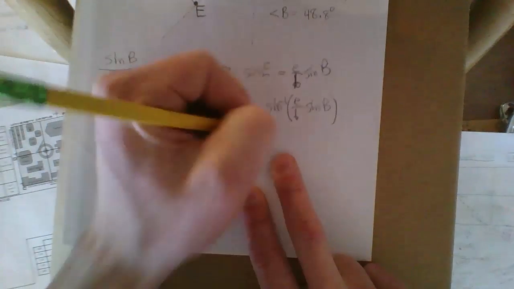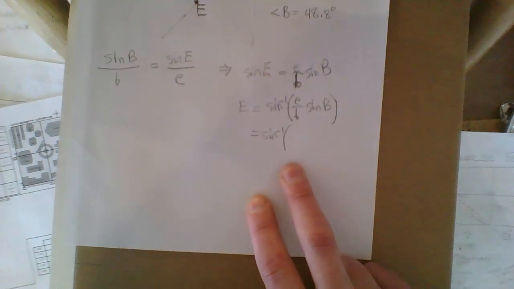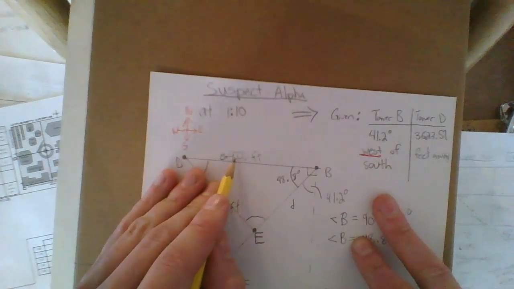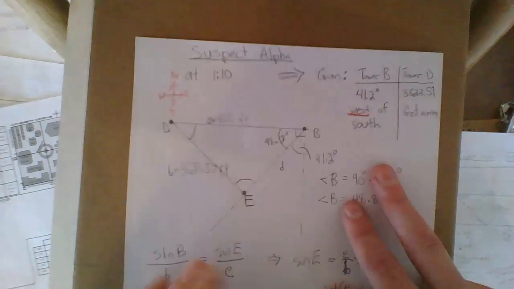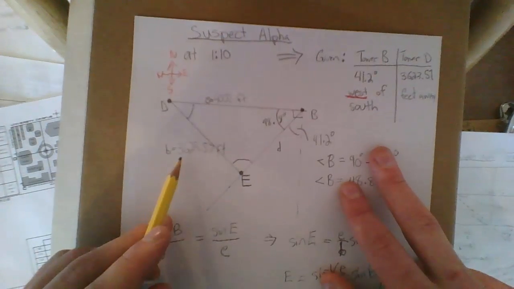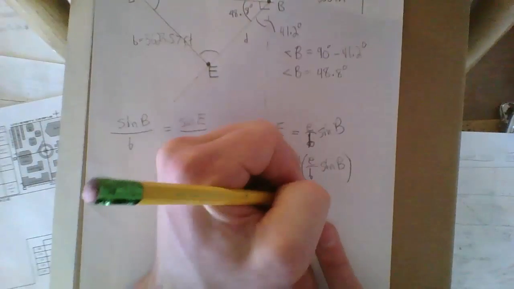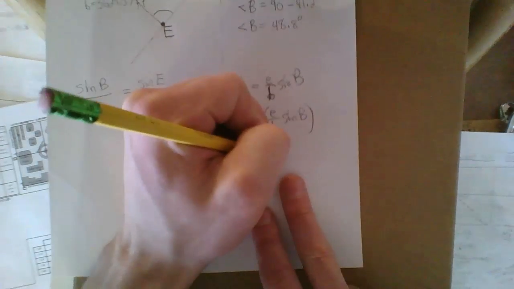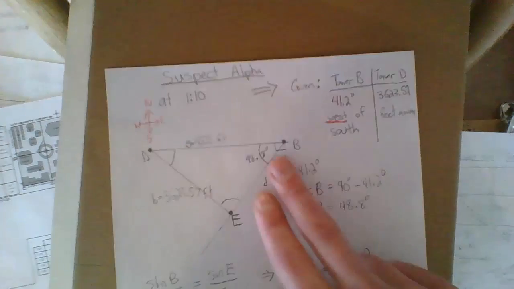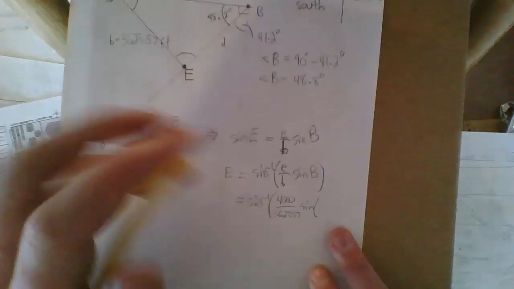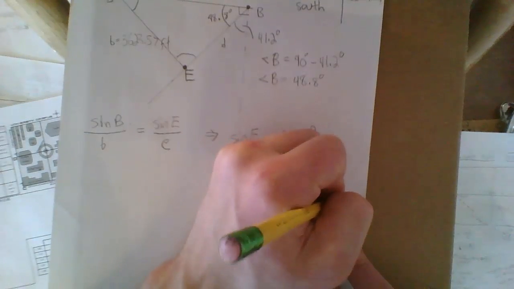Alright, so sine inverse of little e, which we are given is 4,000 feet. Okay, so 4,000. Little b, which we are given, 3623.57, sine of big B, which is 48.8 degrees.